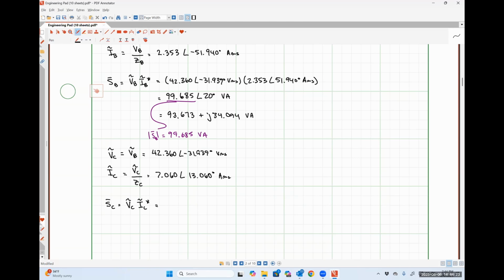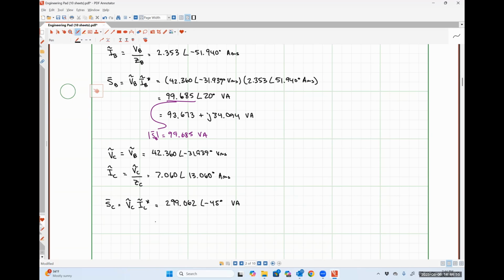For polar form, I got 299.062 angle negative 45 degrees. So that is not exactly what I got because I stored stuff in my calculator, so I wouldn't have rounding error, but it is incredibly close. So I believe that to be correct.